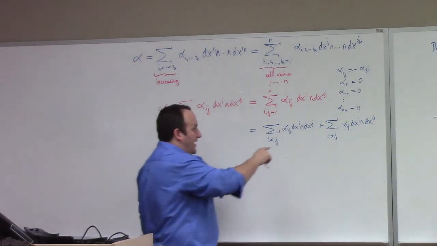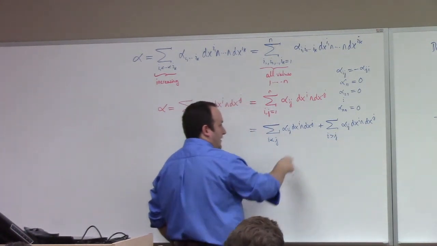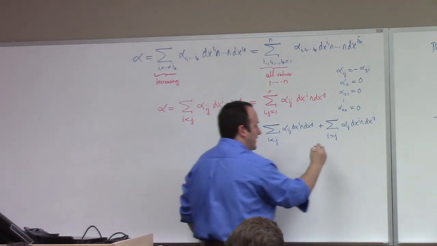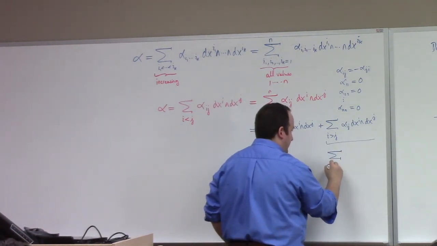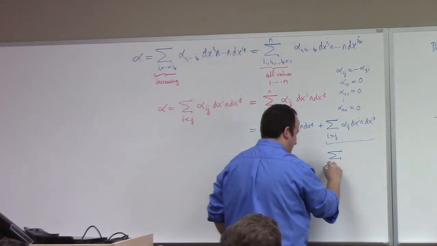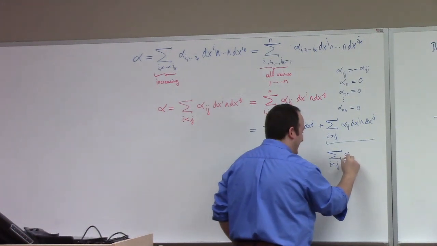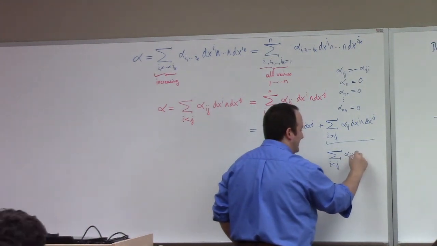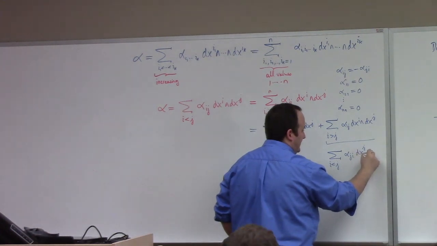So, with that, what can I do? I can relabel this, right? I can say this is really the sum over, let's get nuts, i less than j, but alpha_ji dx^j wedge dx^i.